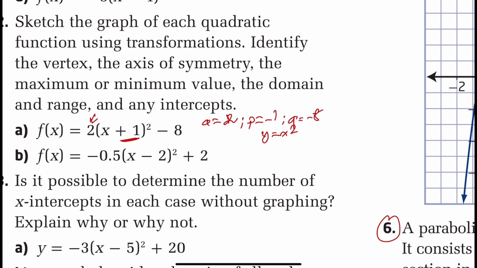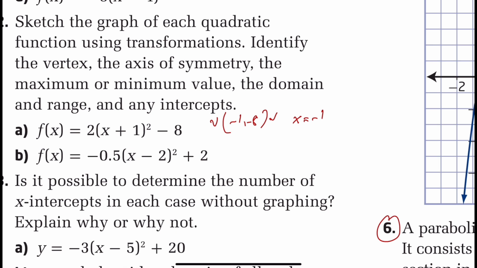We will translate it 1 unit to the left and 8 units downward. The vertex is (p, q), so we have (-1, -8). This is the vertex. The symmetry axis will be x equal to our p, which is -1.